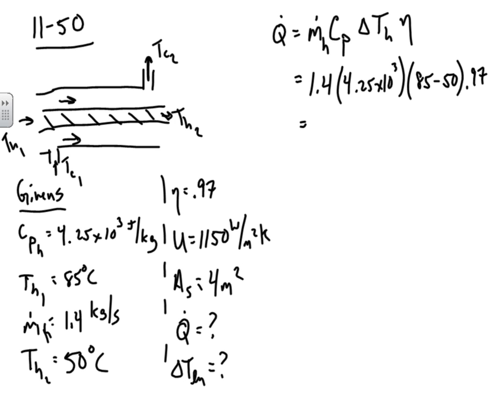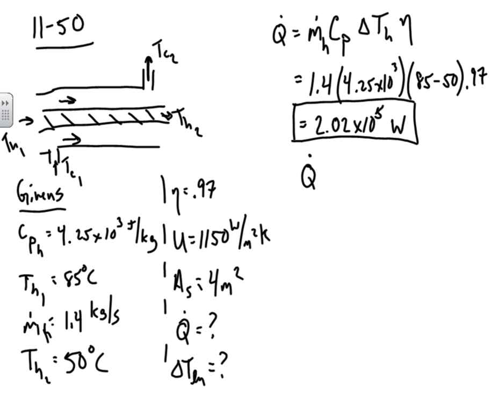And this gives us that the heat transfer rate is 2.02 times 10 to the 5 watts. So that's part A. The next thing it asks us is what is the log mean temperature difference.